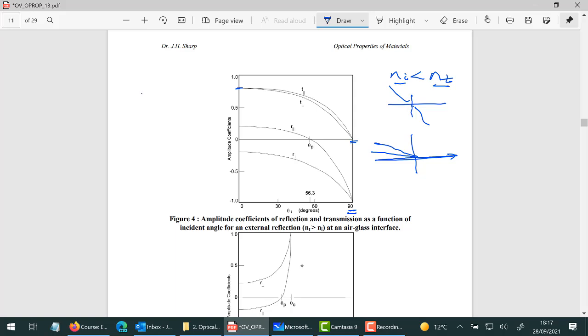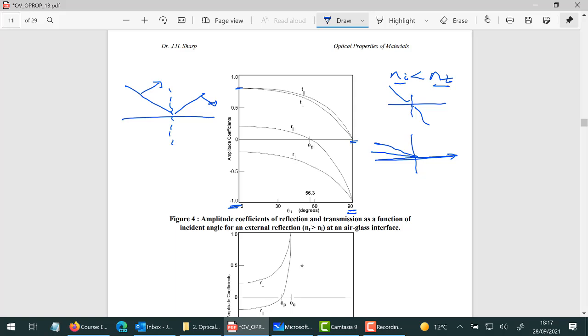So if the input polarization is pointing in that direction, then for the reflected wave it will be pointing in the opposite direction. Okay, so the -1 here tells you that the vector has changed its orientation.